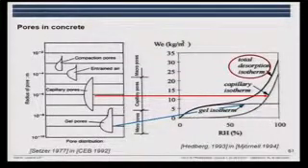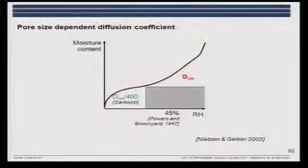And that's why we have started to look at that we have these two types of pores, or ranges of pore sizes. That was the assumption. And that we have diffusion coefficients comparable to bulk water in the capillary pores, and very low diffusion coefficient in the gel pores.